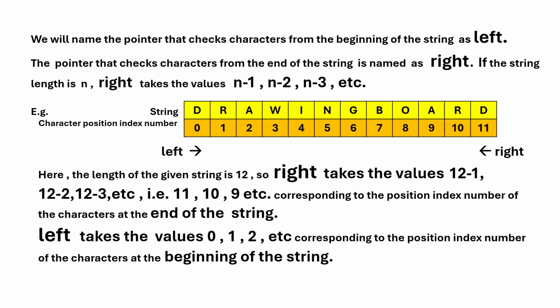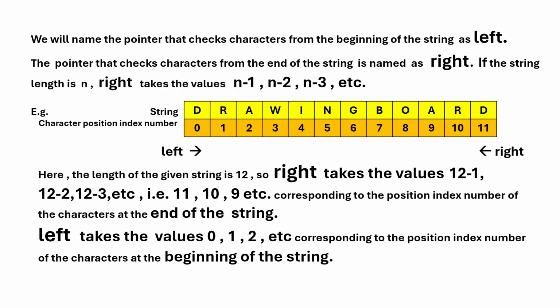For example, if the string is the word drawing board, character position index numbers are 0, 1, 2, 3, 4, 5, 6, 7, 8, 9, 10, 11. Here the length of the given string is 12.